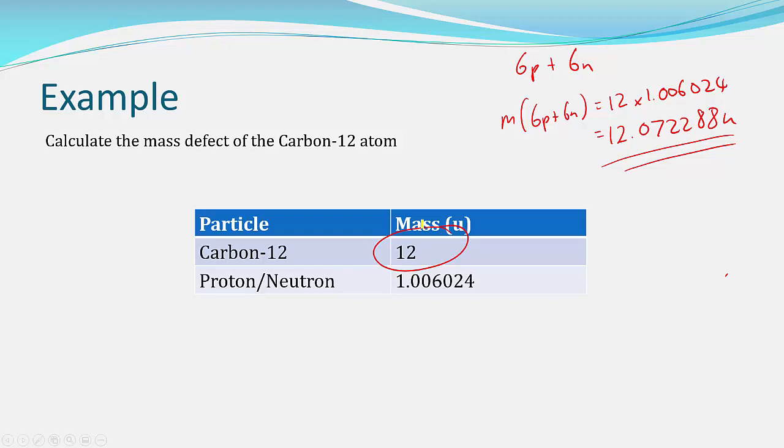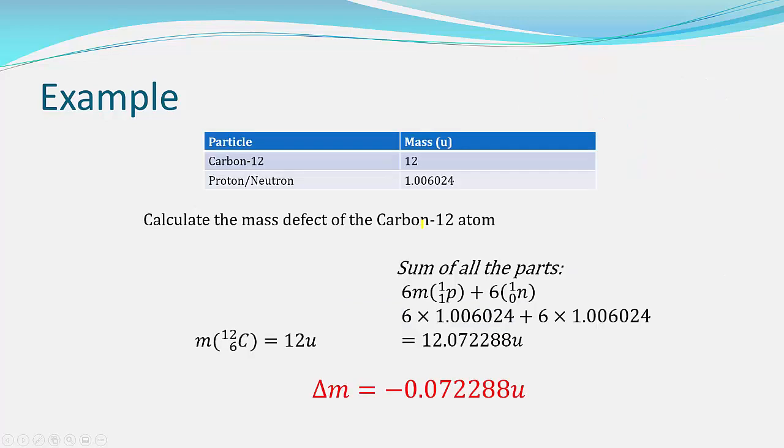And the reason this is such a nice clean number is because, remember, the atomic mass unit was derived from the carbon-12 atom. And this is the only situation where you'll end up with this really lovely whole number. So looking closely at that, we can see that we have a mass defect, in this case, of negative 0.072288 atomic mass units.